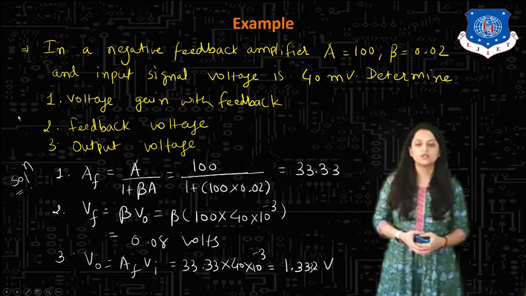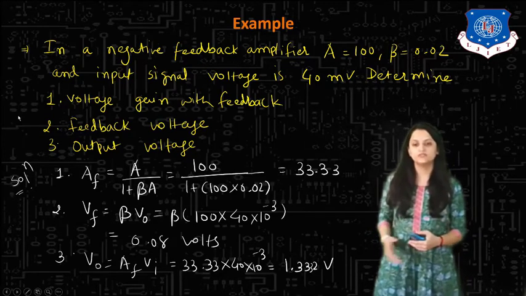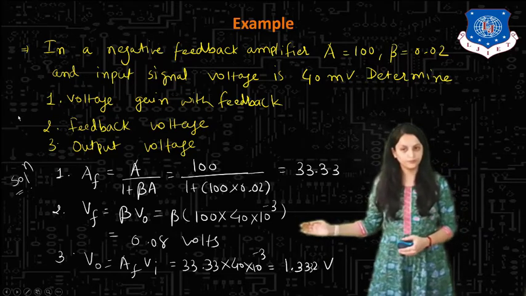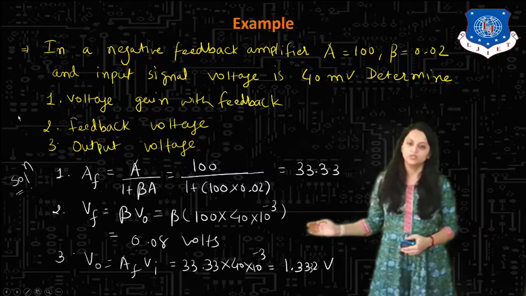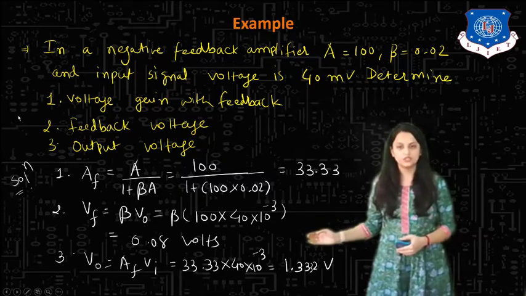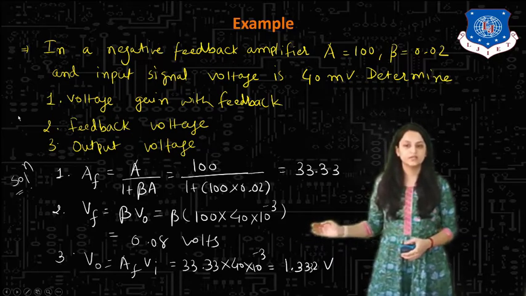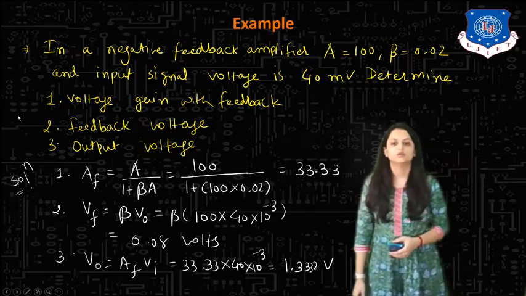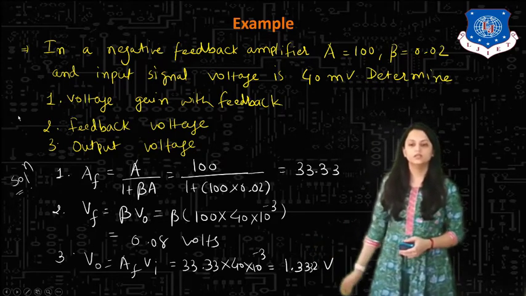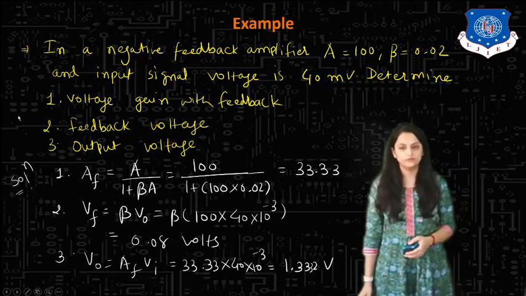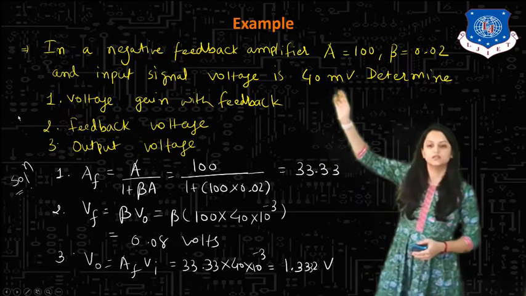Now the second one is to find the feedback voltage. The formula of feedback voltage, Vf, is given as beta Vo, where beta is 0.02 multiplied by Vo, the output voltage, which is given as 40 millivolts. So 40 into 10 to the power minus 2. Now the third one, Vo equals AF into Vi. Here Vi is 40 millivolts.